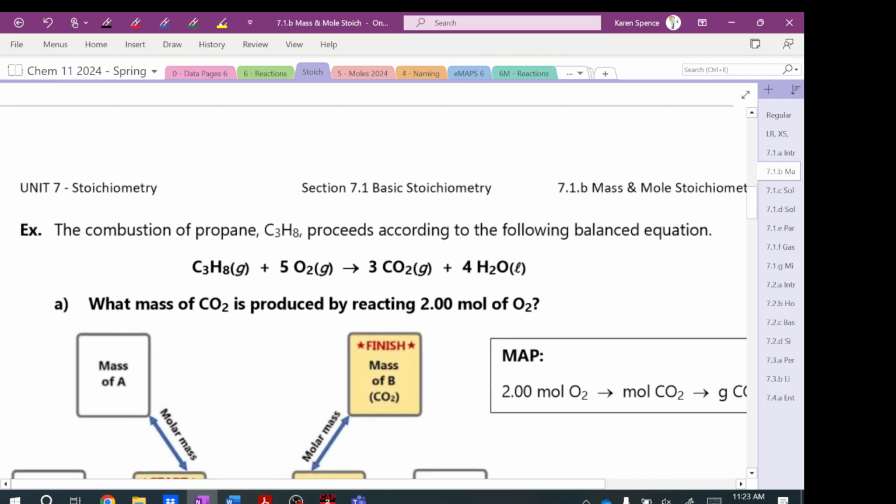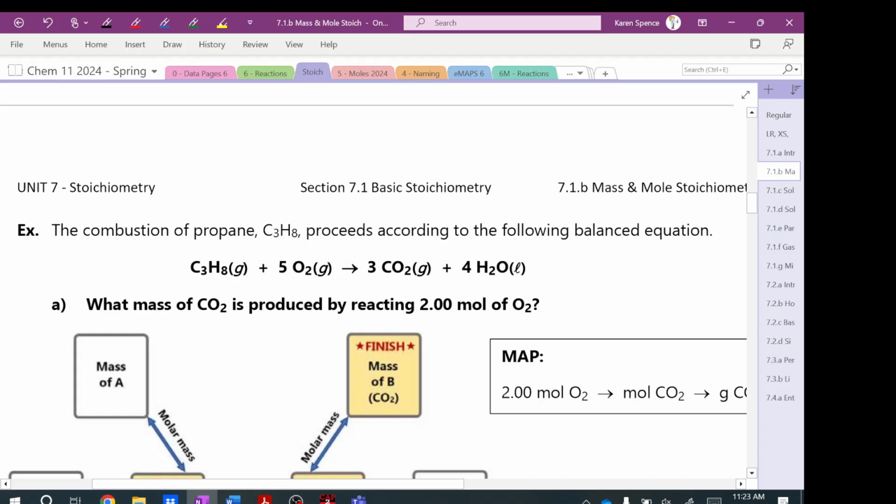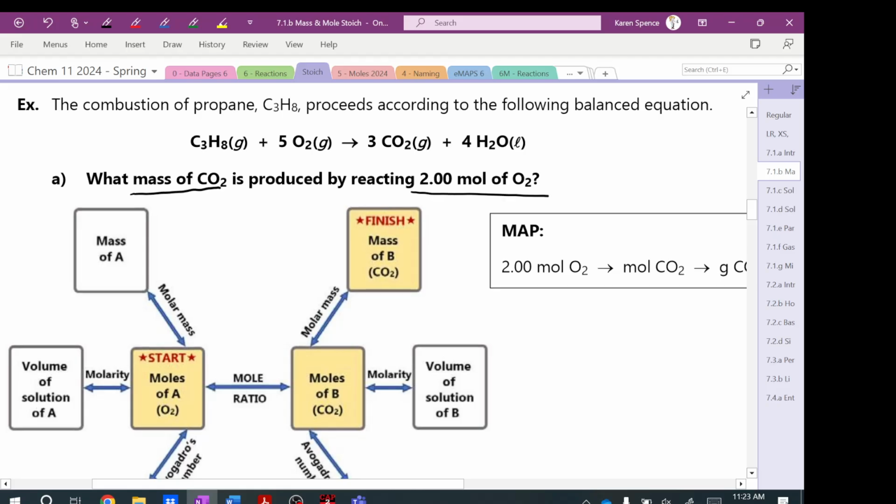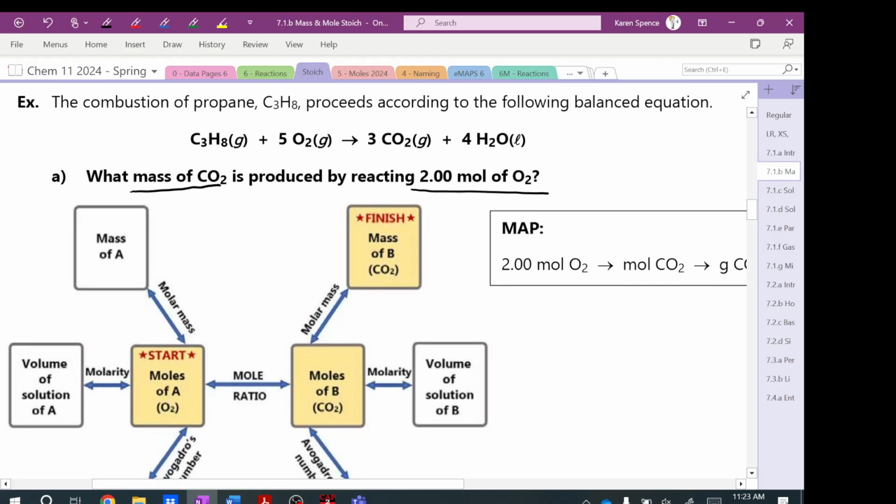So for example, we have the combustion of propane. What mass of CO2 is produced by reacting 2 moles of oxygen? So you can see that we are starting with moles of oxygen.